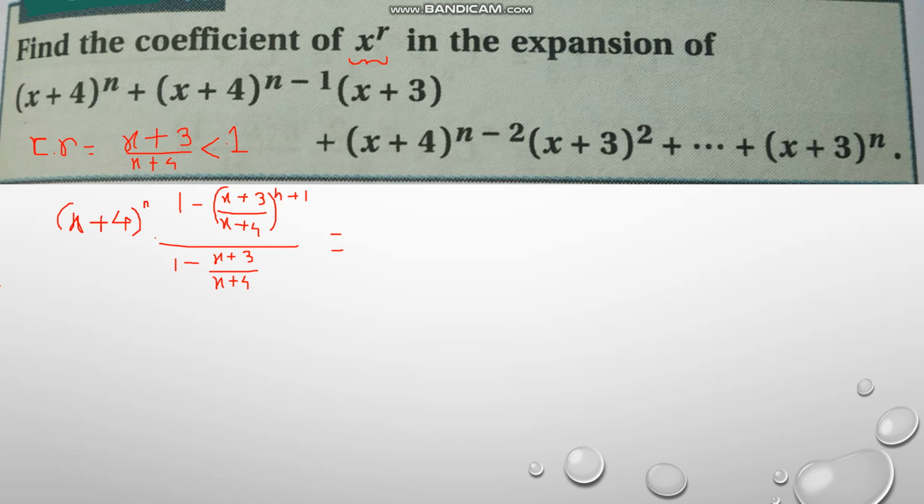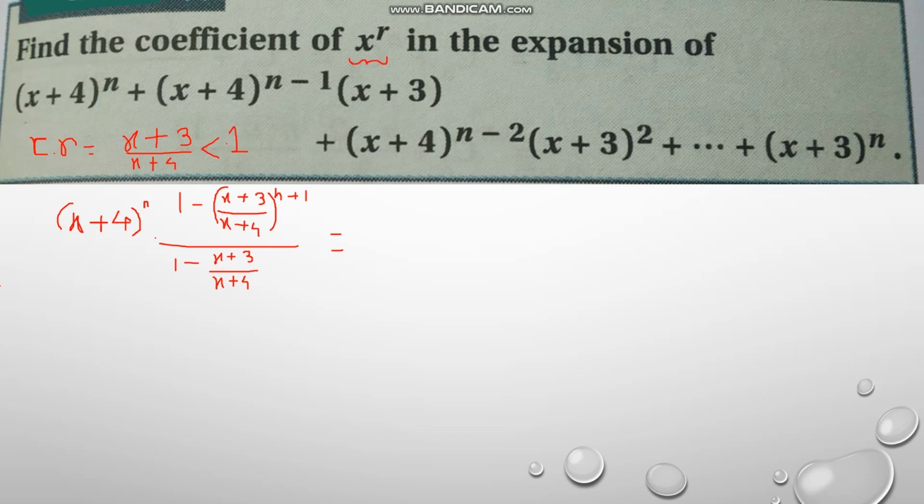Simplifying this is another tedious work that needs to be done. Nothing else is an option. The numerator will have x plus 4 to the power n plus 1, and the denominator will be x plus 4.